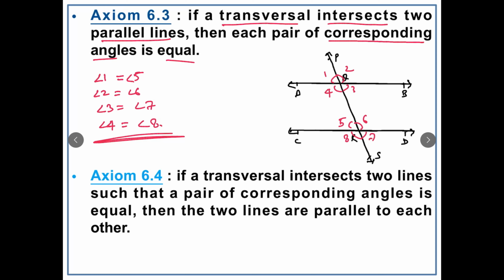Next we have axiom 6.4. This axiom 6.4 is the converse of axiom 6.3. Converse means the reverse of axiom 6.3.